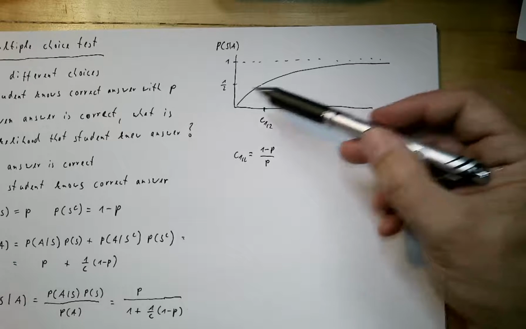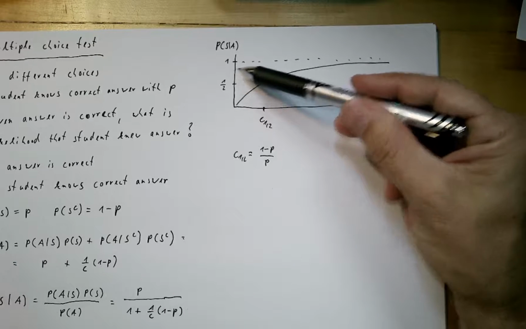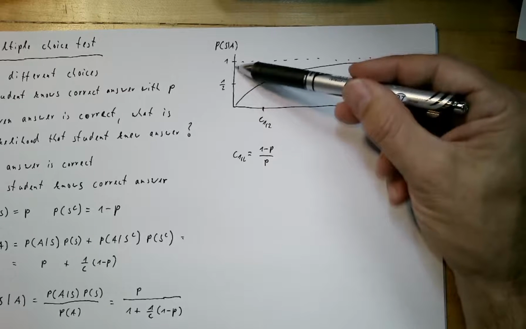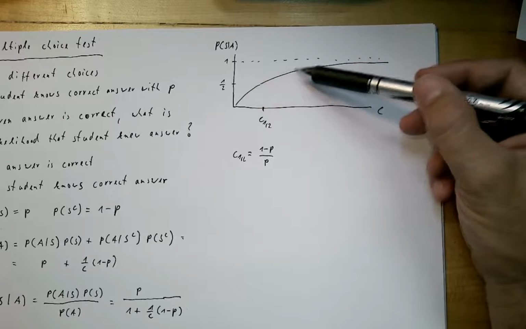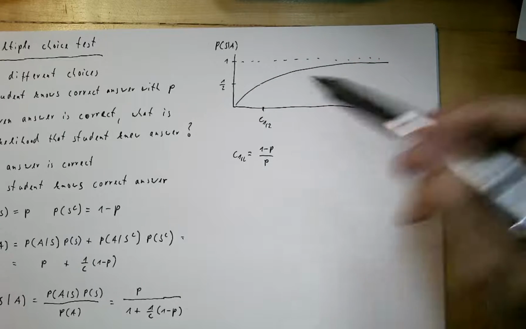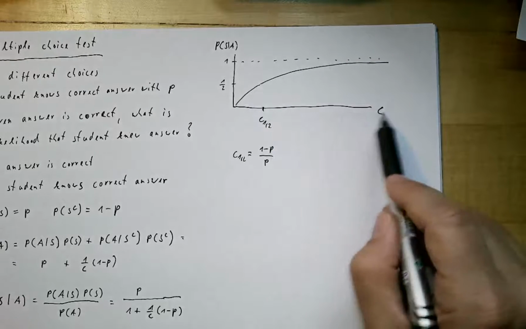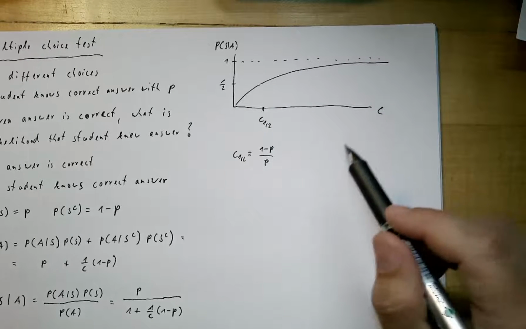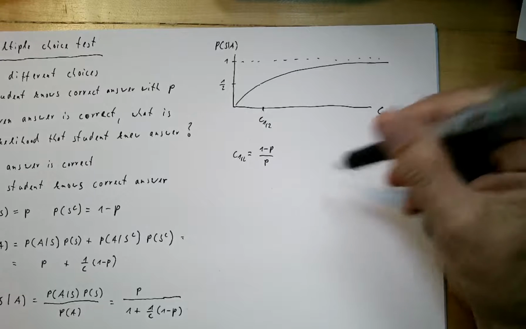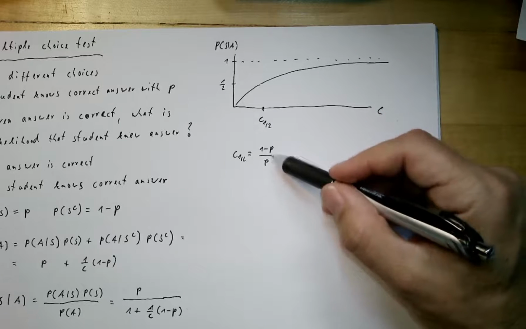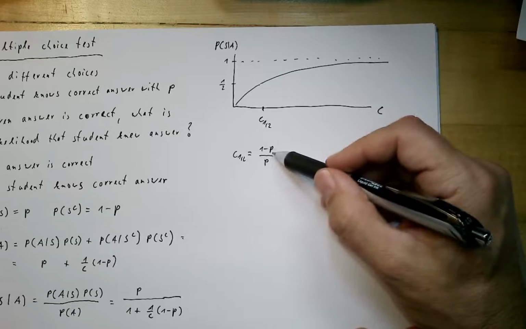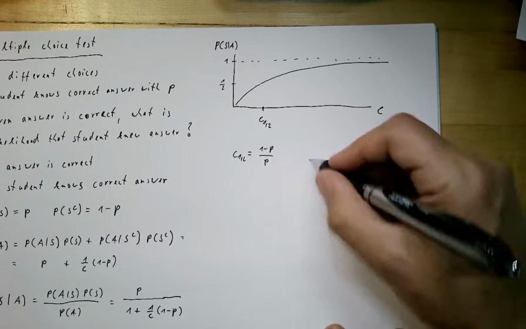Now the question is, I want a certain level of certainty that if the student gave a correct answer he really knew it, and then I can see from this line how many answers I should allow. It depends a bit on my assumption about the knowledge of the student, so we can make another graph.